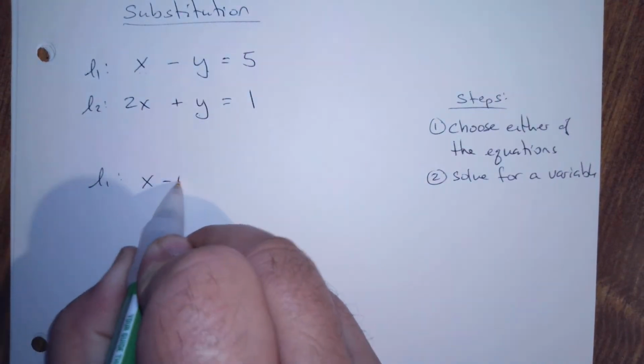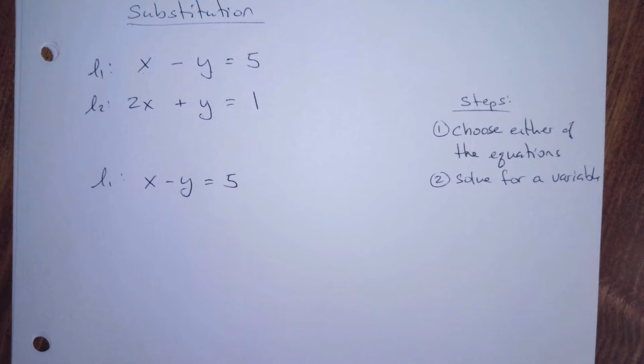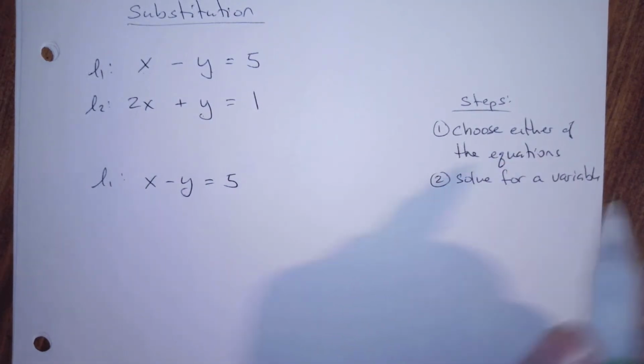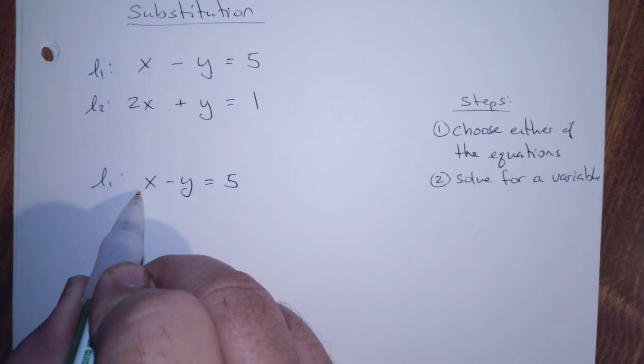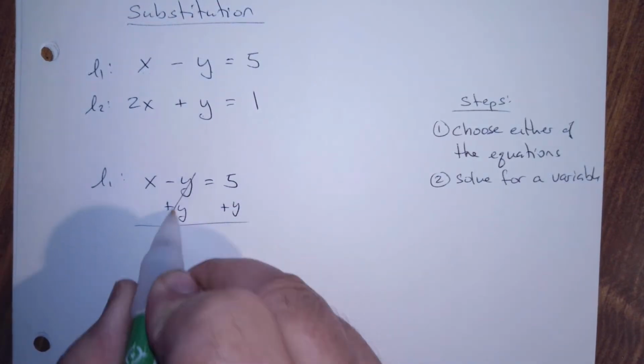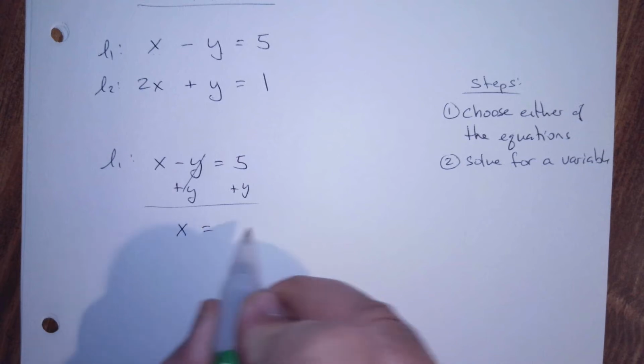I have x minus y equals 5. I chose the first one. And now I'm going to solve for x, because it's very positive. All I have to do is get rid of the y. So I add y to both sides. So x equals y minus 5.